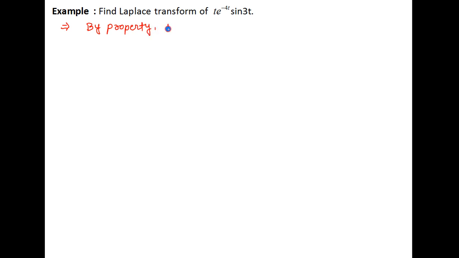we can write, Laplace of t raised to n f of t equal to minus 1 raised to n d raised to n upon ds raised to n Laplace of f of t, right?